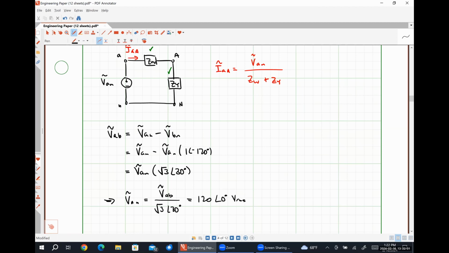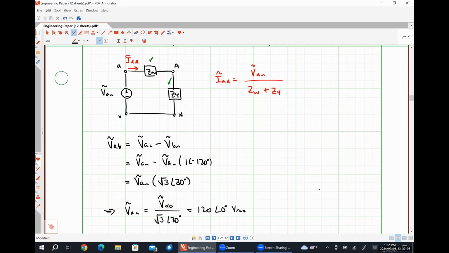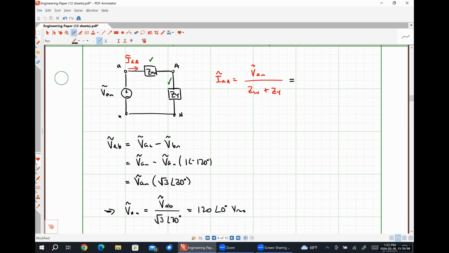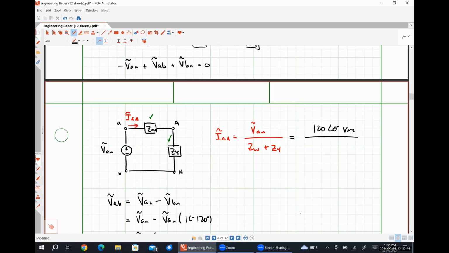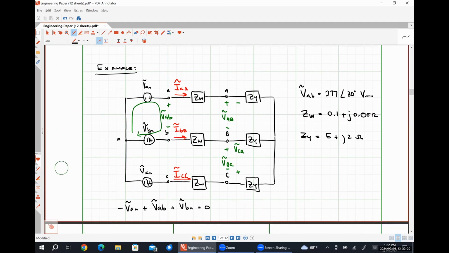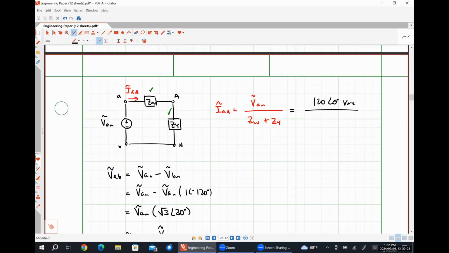All right, so now that we have this voltage VAN, our line current IAA is simply going to be 120 angle 0 degrees volts RMS divided by ZW plus ZY. So that's going to look like 5.1 plus j2.05.